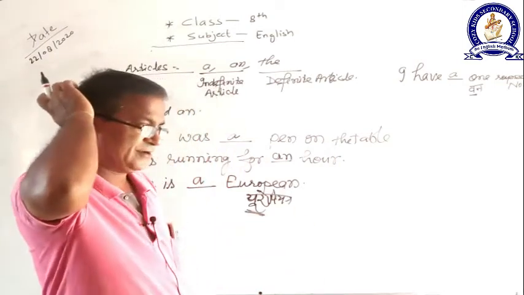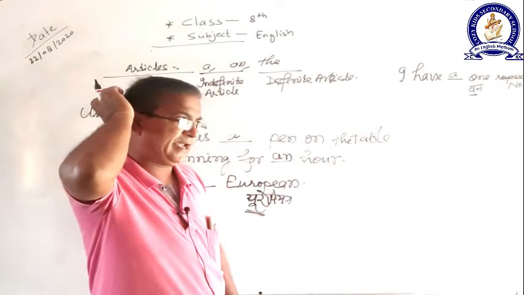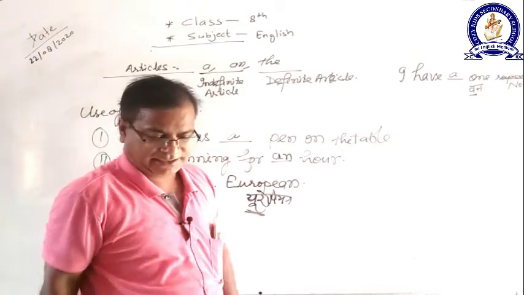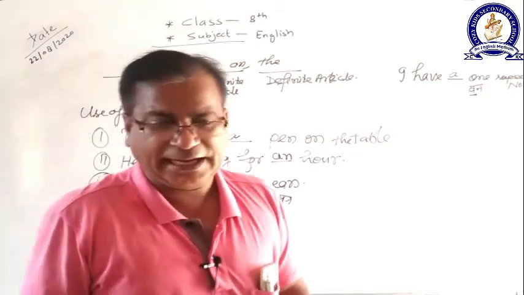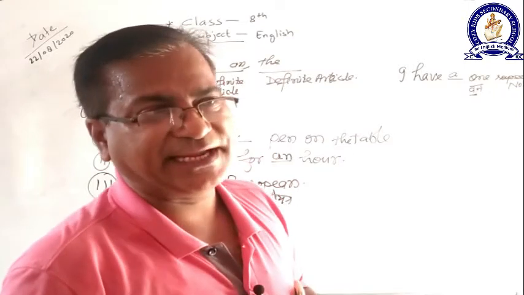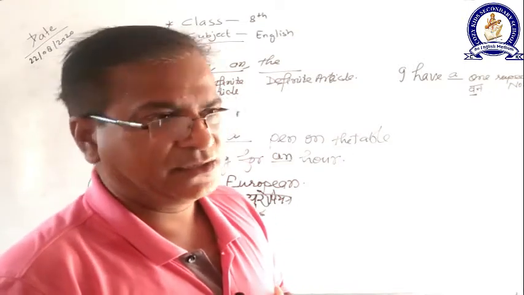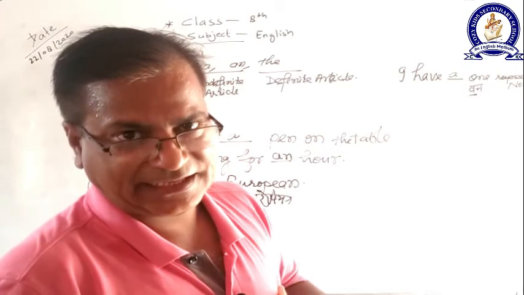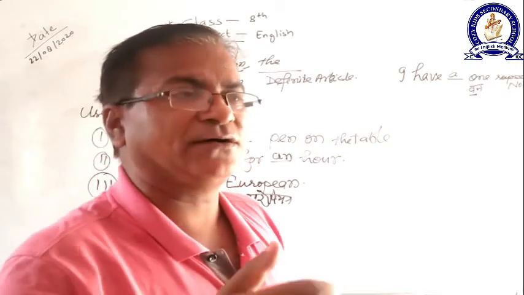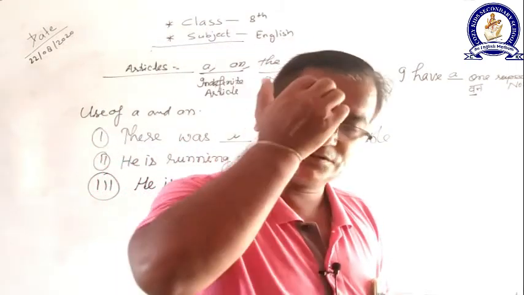So what I am trying to say is, a or an is used according to the pronunciation of the word for which they are applied, not only on the basis of vowel and consonant.